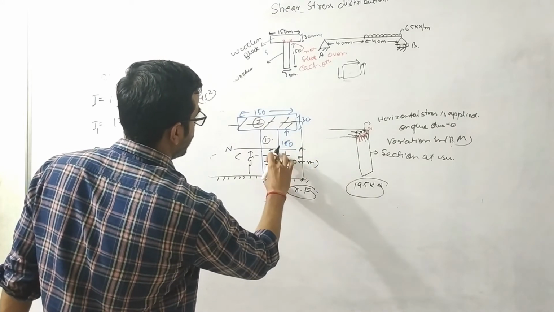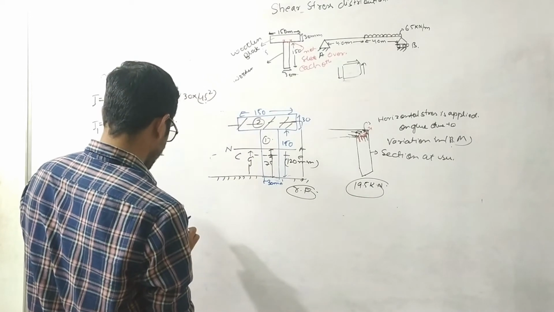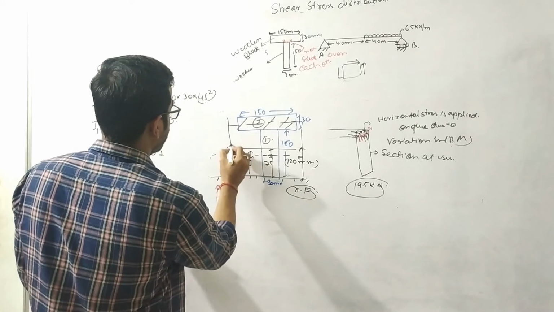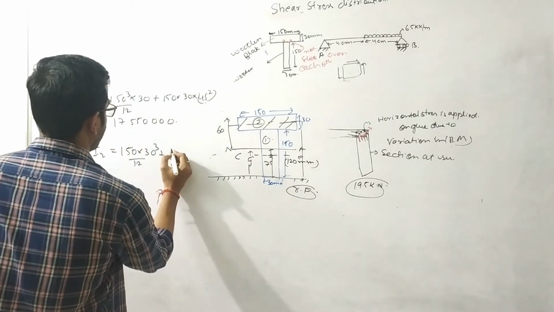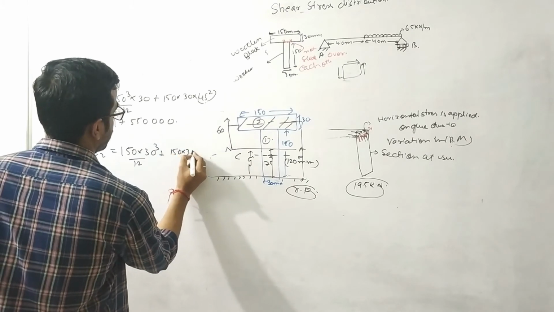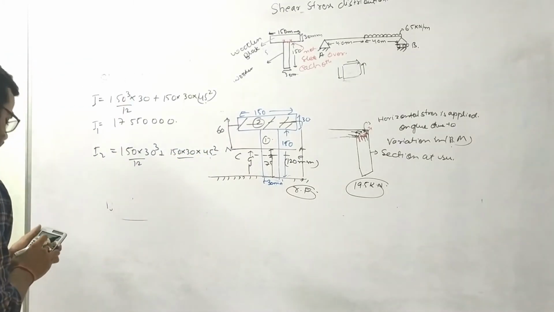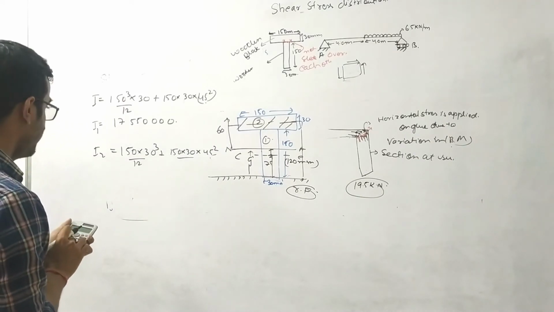This is 120 minus 180, that is 60 from here. So 60 minus 15 means 45. This again will be 150 into 30 into 45 square.